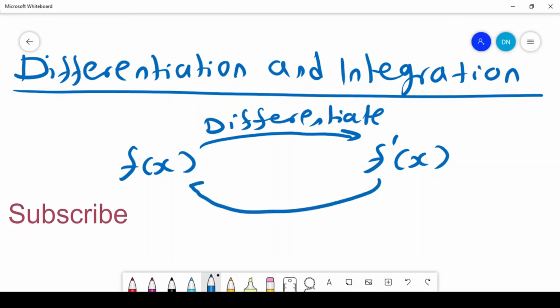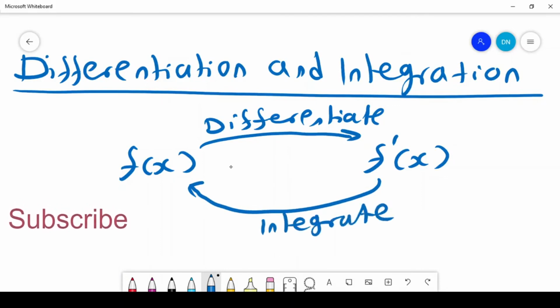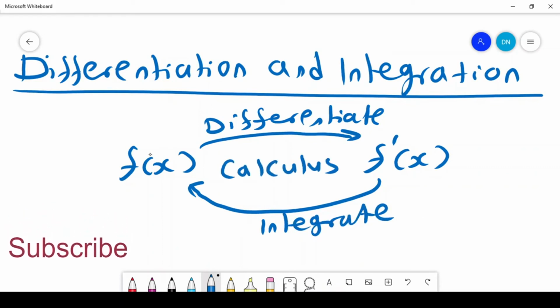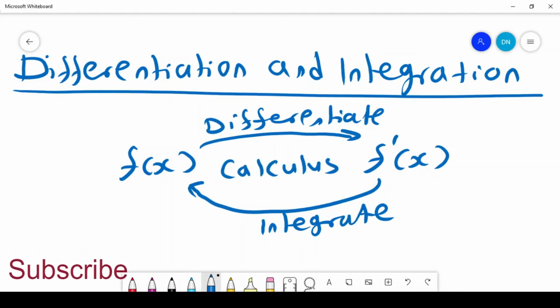If you have been given the first derivative and you integrate it, then you get the original function, and this is basically part of the key lesson that we learn in calculus.